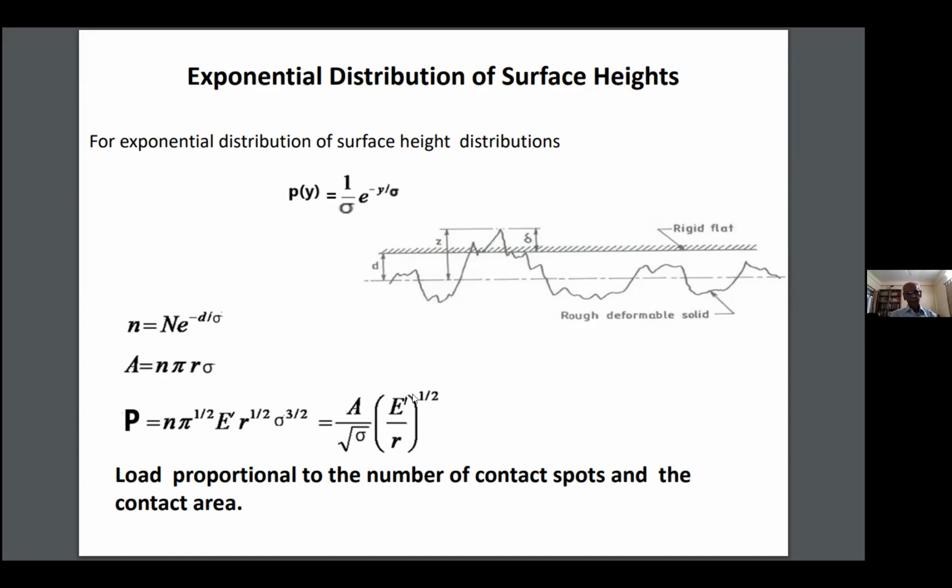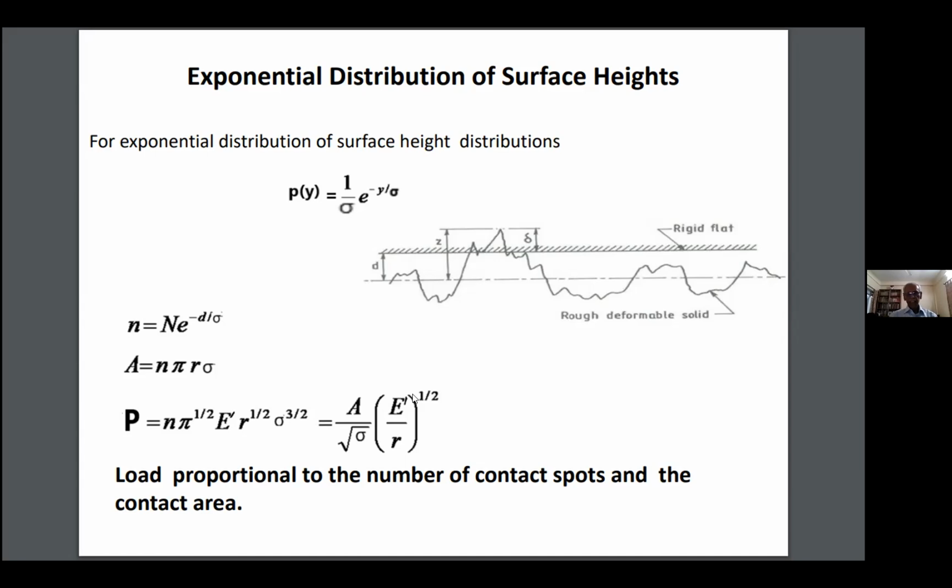Why? Because it shows that the load is proportional to the number of contact spots and contact area. If you remember, when we started discussing the concept of tribology, we said that there is the real area and the apparent area.